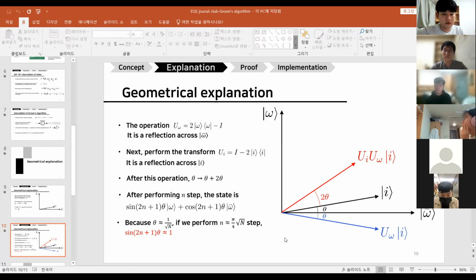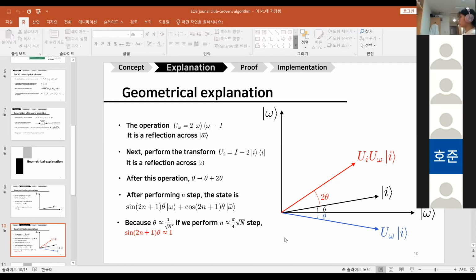I'm sorry, but I don't know about the quantum algorithm for structured data sets. I'm sorry, I don't know about this. Okay, thank you. Sorry. But I think that's a good question to ask.